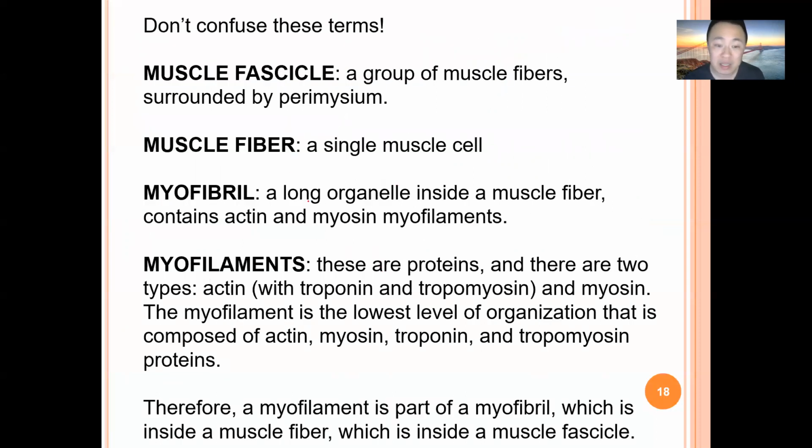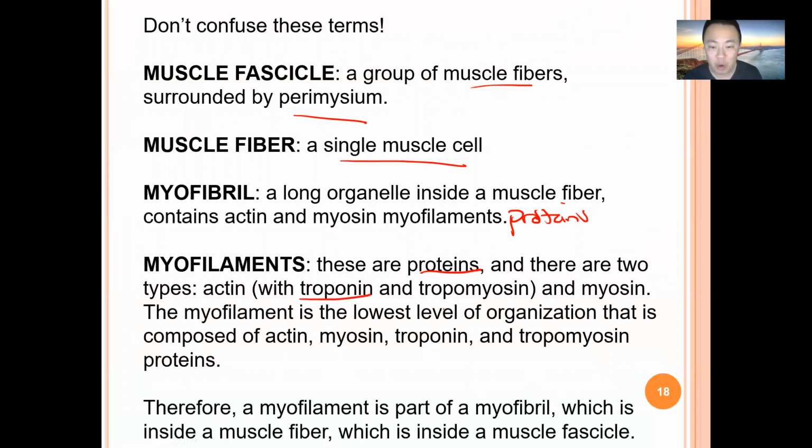Now, you don't want to get these confused. A muscle fascicle is a group of muscle fibers surrounded by a perimysium. A muscle fiber is a single muscle cell. A myofibril is a long organelle inside a muscle fiber, and that contains actin and myosin myofilament proteins. Okay, and the myofilaments are the proteins themselves, and there are two types, and again, actin and myosin.